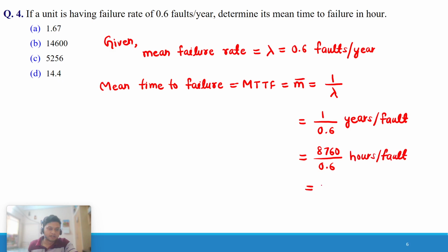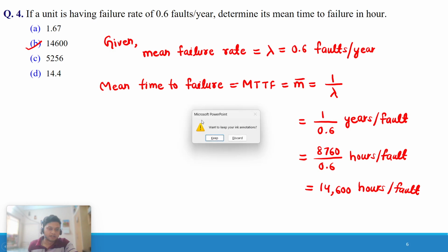This will give you the answer as 14,600 hours per fault. So the correct answer will be B. 14,600 hours is the mean time to failure.